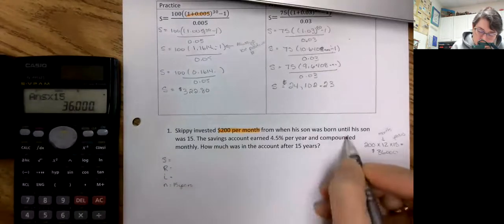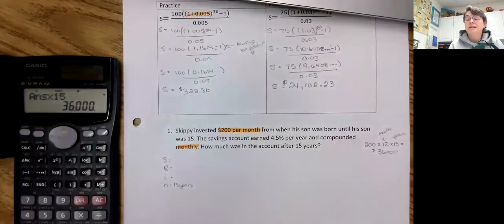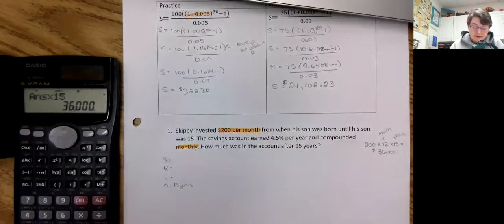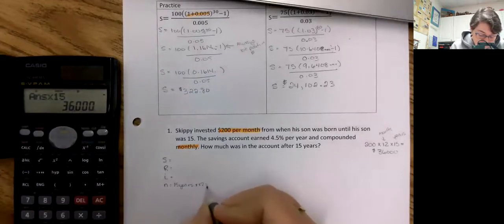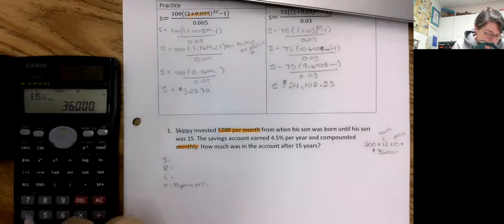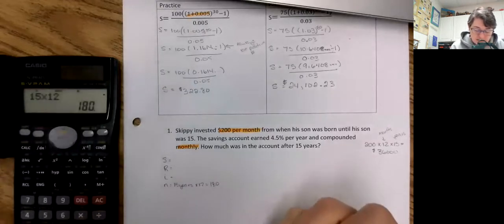In this case, it was paid monthly and compounded monthly. By the way, a business student told me that's called a simple annuity. If the compounding doesn't match the payments, then it's not a simple annuity. I don't know if that makes it a complicated annuity, but anyway. For mine, they have to match, times 12. So 15 times 12 is 180 time periods, 180 months.